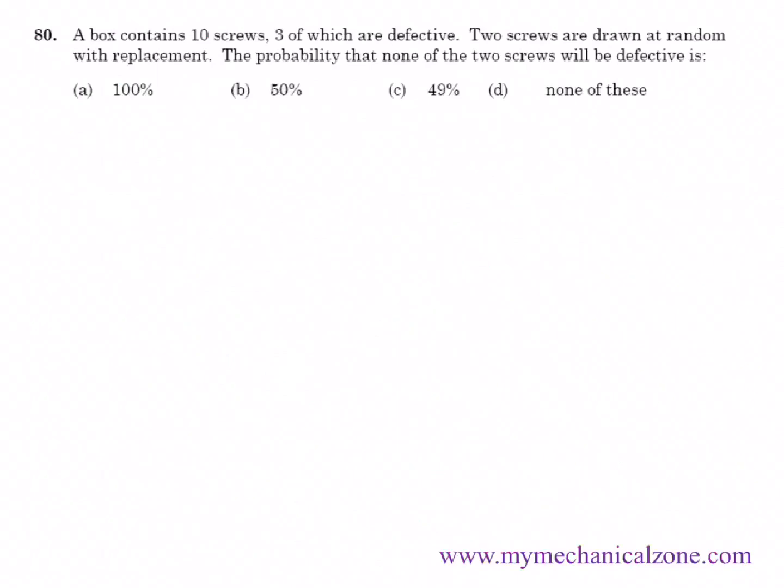Question from probability. A box contains 10 screws, 3 of which are defective. 2 screws are drawn at random with replacement. The probability that none of the 2 screws will be defective is how much? So total screws available is 10, out of which 3 are defective and 7 are good.